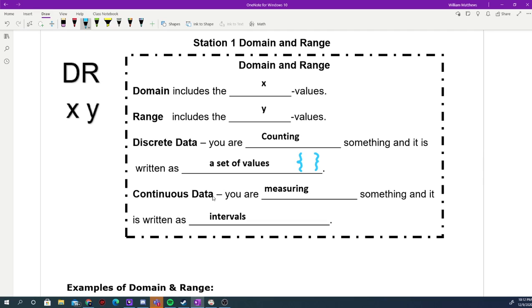Continuous data is the opposite. You're measuring something and it is written as intervals. On a graph, you would see it as a solid line, and a solid line includes every value in between its endpoints. So that's why we use intervals.